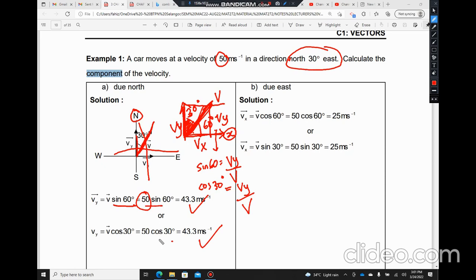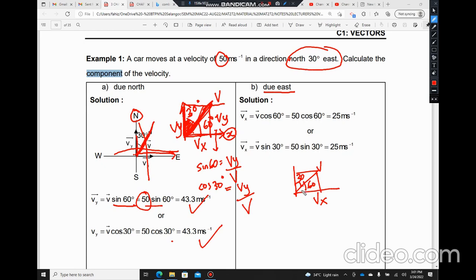Okay, this one due is, okay, due is kat sini timur ni, ke arah timur. Okay, so sama juga, maknanya kalau kat sini kita ambil, saya lukis balik, kat sini V, kat sini Vx. Okay, this one 30, this one is 60.